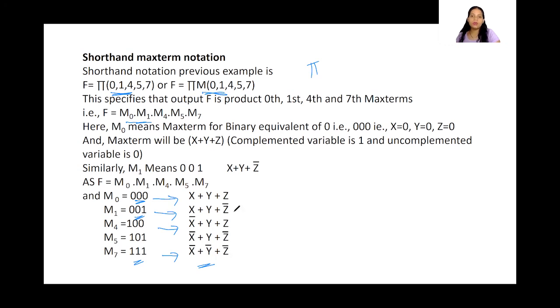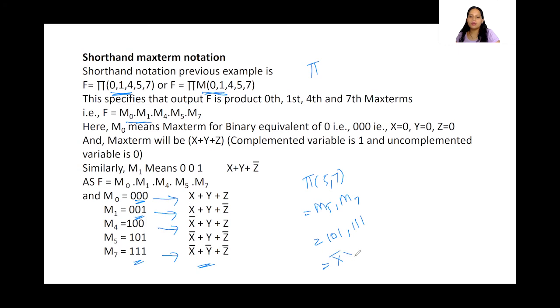Okay, so I hope whenever you get a max term in the form pi of, suppose it is 5 and 7, you will be able to write it in the form of this expression. Now how will you write it? This is nothing but M5 M7, isn't it? 5 is nothing but 1, 0, 1 and 1, 1, 1, isn't it? How do you write this?